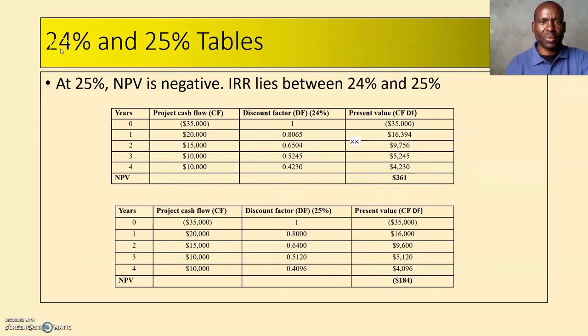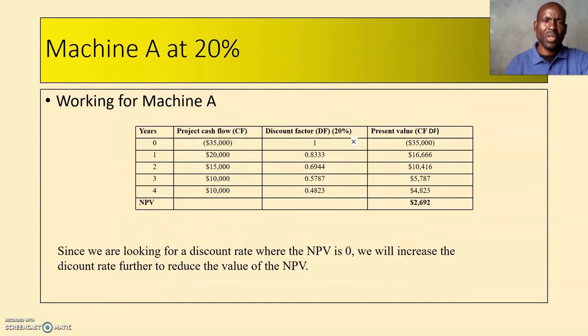In year 0, you have $35,000 US. Okay, and those were the initial costs, or that is the investment that is involved, and then you have other values underneath.